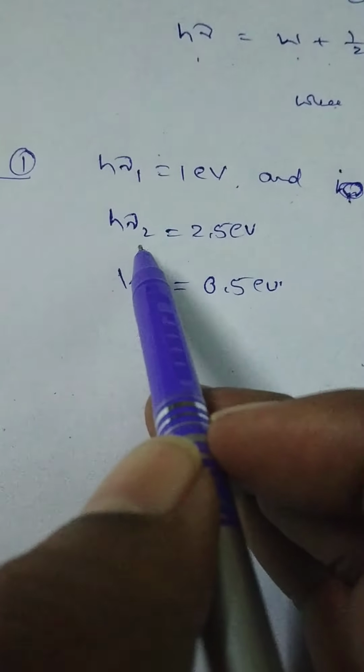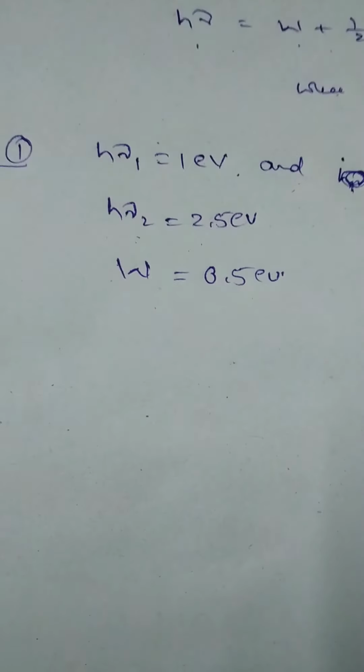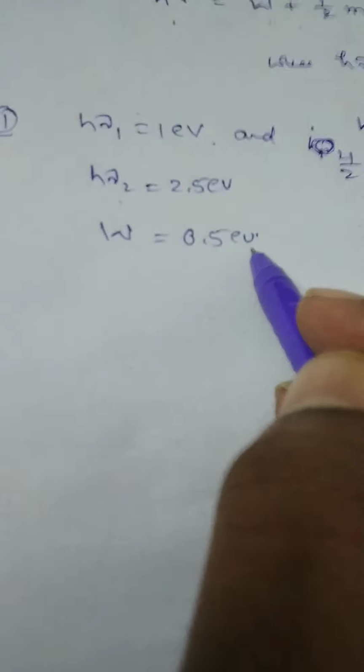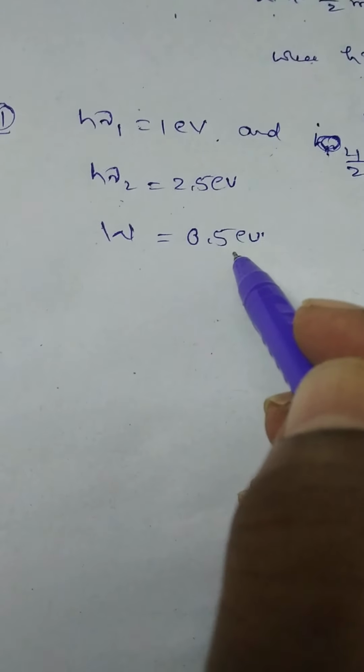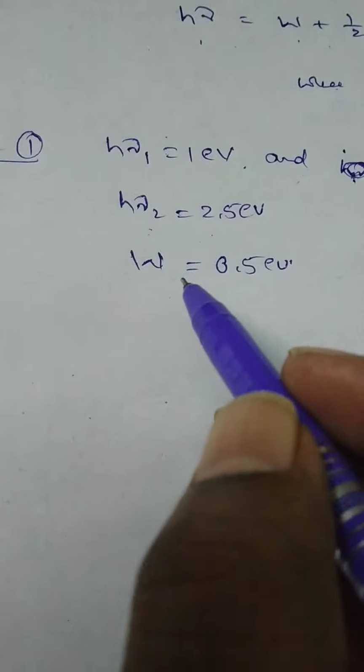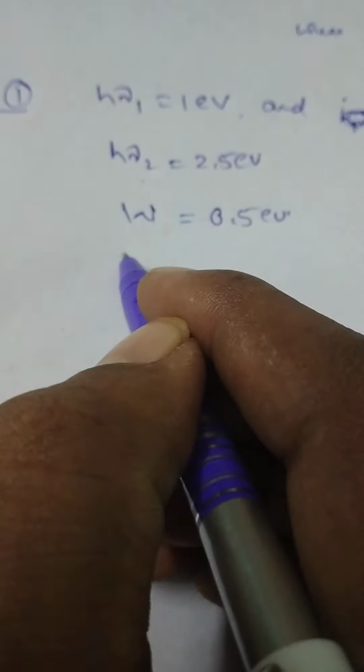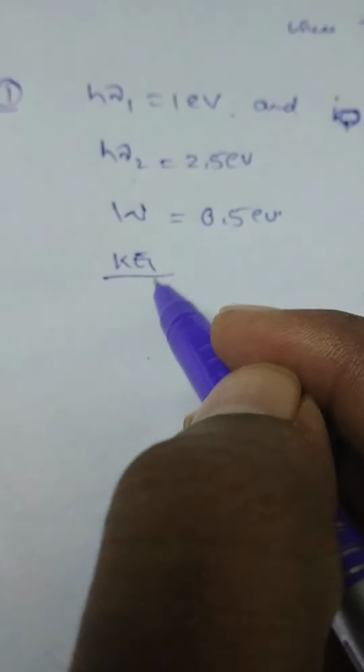These are the two photons. Energy of the first photon h nu 1 is equal to 1 electron volt. For the second photon h nu 2 is equal to 2.5 electron volts. These two are made to be incident on the photometal having work function 0.5 electron volts, one after the other. What is the ratio of the maximum kinetic energy of photoelectrons emitted by them? Means the ratio of the kinetic energies KE1 by KE2 is equal to what?